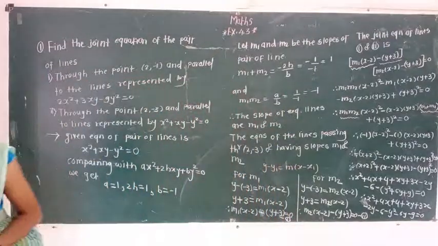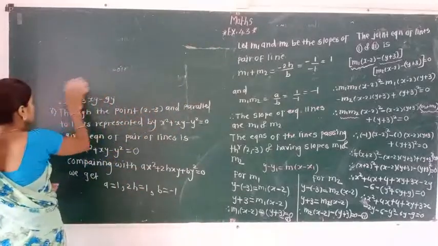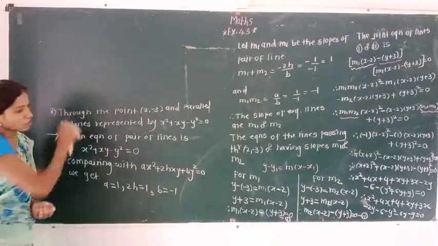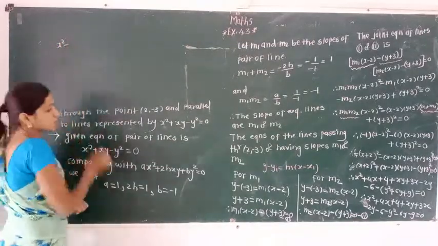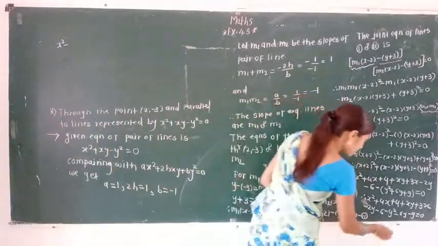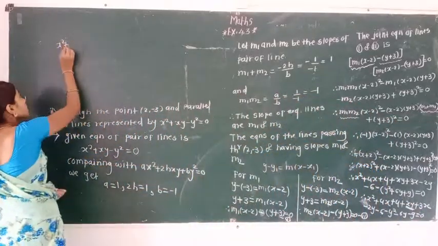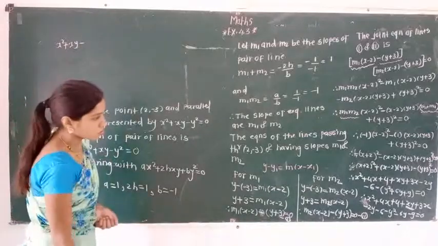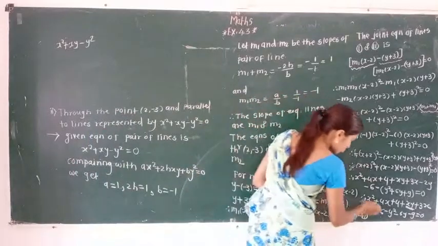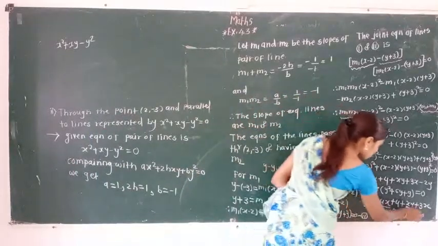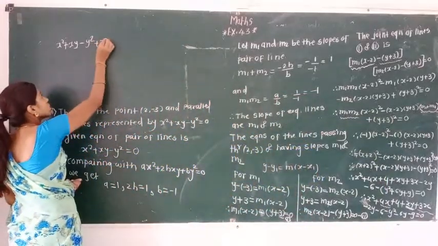Now we can write the combined equation. Take x square as it is, then the term xy, then minus y square. Then take the sum of the coefficients of x: 4x plus 3x, plus 7x.